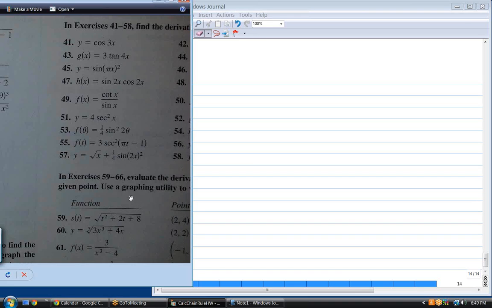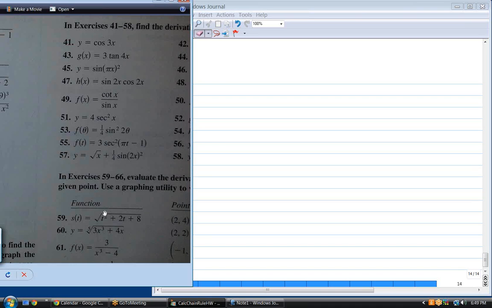I wouldn't be surprised if you spend most of the week still working on the chain rule. It can be a little bit difficult to understand for some people. Does that sound okay with you? So these even questions over here, I will send you a file that has a picture of those.